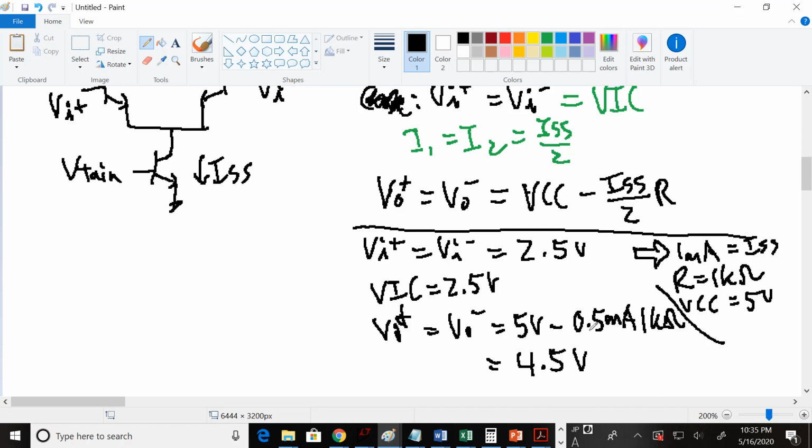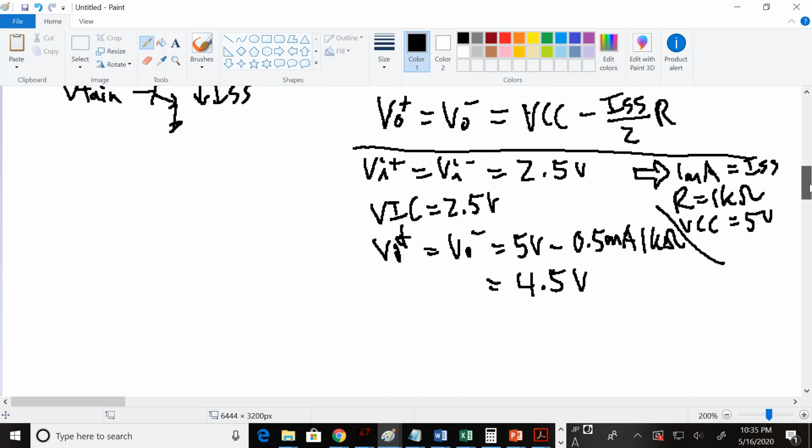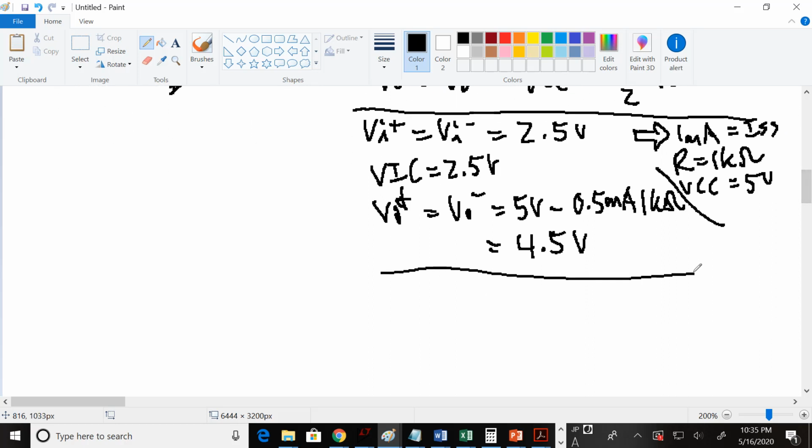Okay, so then let's try a different case. Let's try VI plus equals VI minus, and let's set it to 2.6 volts. So in this case, since VI plus equals VI minus, VIC also equals 2.6. And sorry, let me add one thing here. Since both of the outputs equal 4.5 volts, because we have the same current going through both sides, if you take the average of 4.5, it's just 4.5.